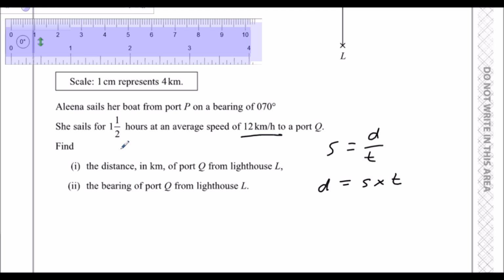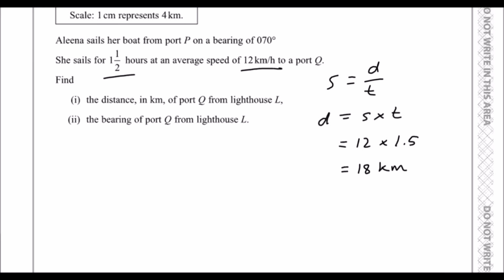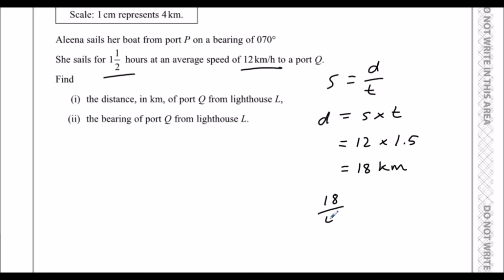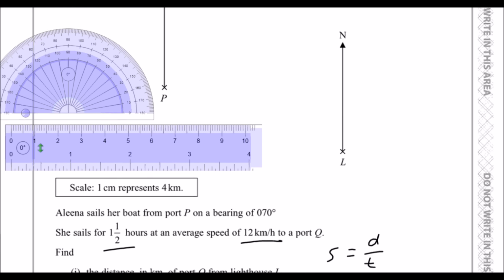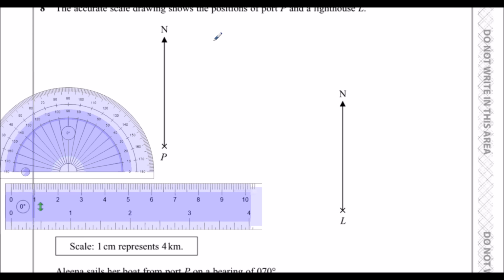So it's 12 times 1.5. 1.5 12s will be 18. So 18 kilometers. 1 centimeter for every 4 kilometers. 18 over 4 is the same as 9 over 2, or 4.5 centimeters. So we want to go 4.5 centimeters on a bearing of 70 degrees.